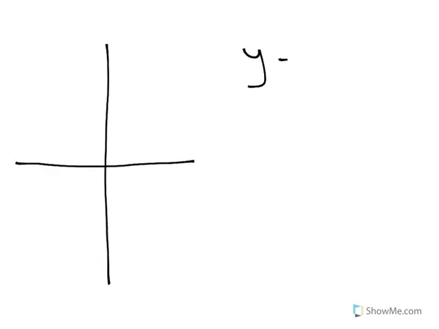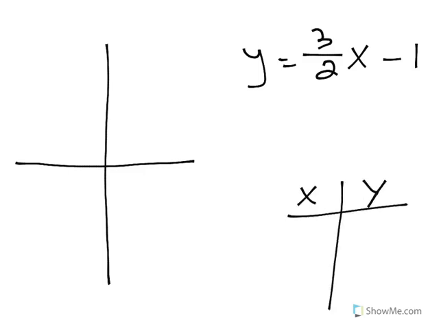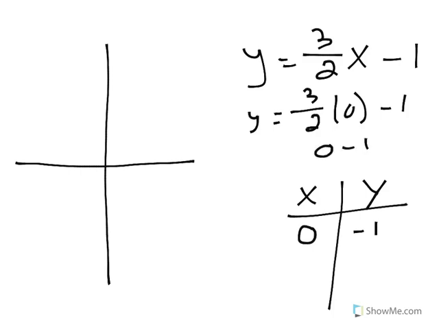Let's say y is equal to 3 over 2x minus 1. So again, we have our table. So if x is 0, y is -1. If you're not sure about that, you can actually do the problem. We know that anything times 0 is 0, so 0 minus 1 is equal to y, and you have to remember that that's a -1.